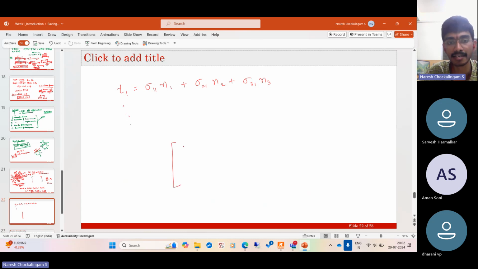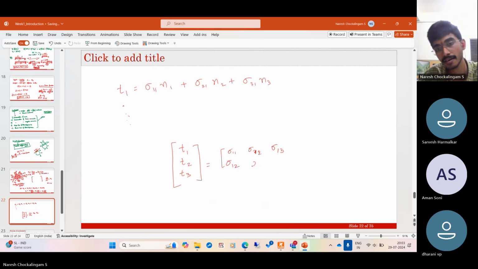Finally, you can arrange it in a matrix form as T1, T2, T3 is equal to the matrix sigma 11, sigma 12, sigma 13, sigma 21, sigma 22, sigma 23, sigma 31, sigma 32, sigma 33 multiplied by n1, n2, n3. Sigma 21 is equal to sigma 12, that you know, because of angular momentum conservation; the stress matrix is symmetric.